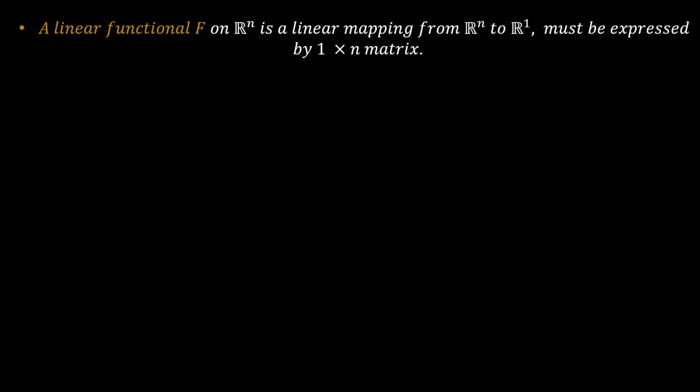Thank you. So let's begin by looking at the concept of what a linear functional is. If we have a linear functional, f, that is subject to a collection of ordered lists of n real numbers, in other words, on R to the n, this is considered to be a linear mapping from the R to the n space, in other words, a space where you have ordered lists of n real numbers, to a real number, and that's R to the 1.